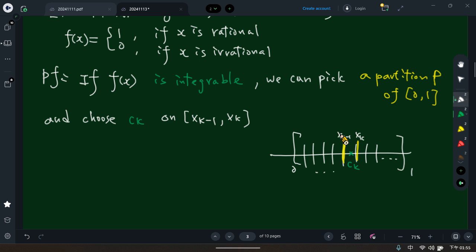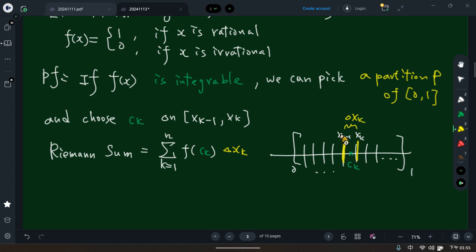Then we try to calculate its Riemann sum. It will be sigma k from 1 to n of f of ck times delta sk, right? Delta sk means the length, the width.